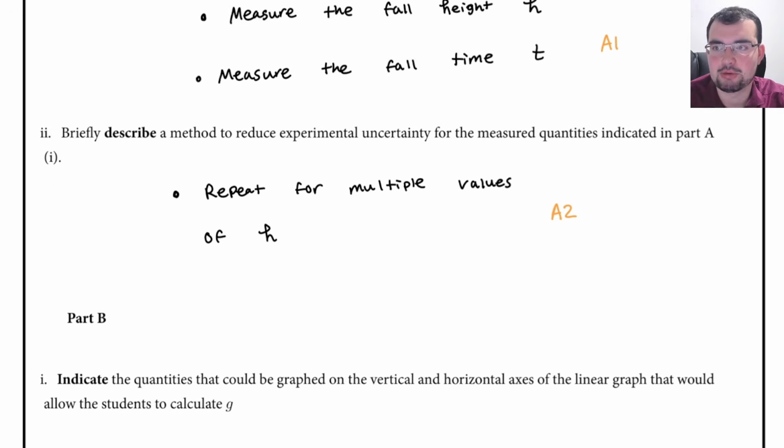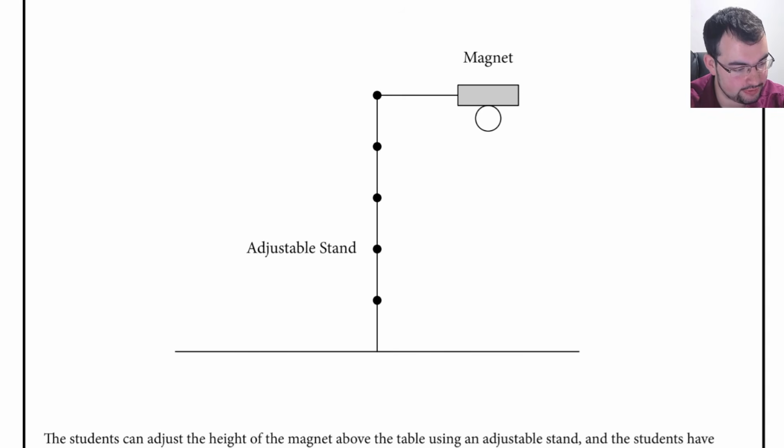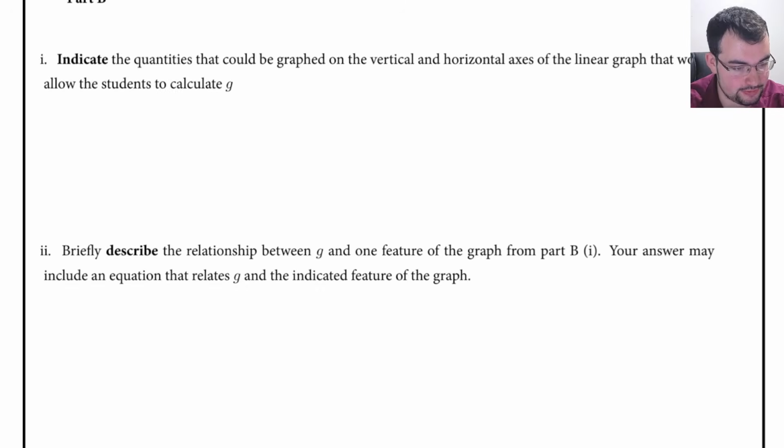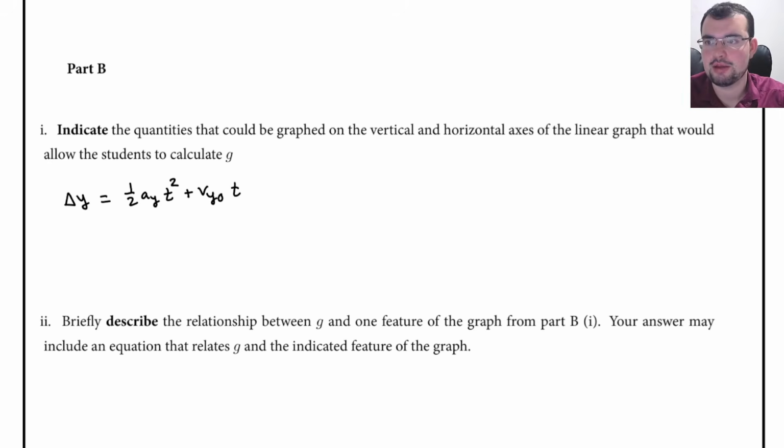All right, now here's where some of the physics points show up. What quantities can be graphed to find g? Well, this is just a sphere in free fall. So since the sphere is in free fall, we can use kinematics. Now, if you're trying to be all formal, you can start from this. But of course, I hope at this point, if you've done free fall enough, you know that you can get this relationship that says h equals 1/2 g t squared.